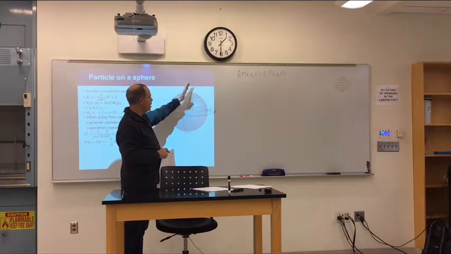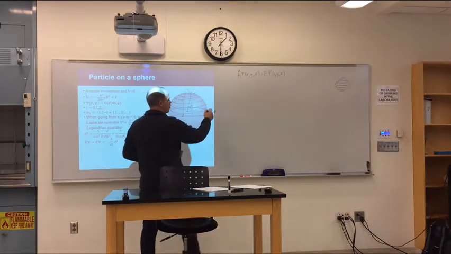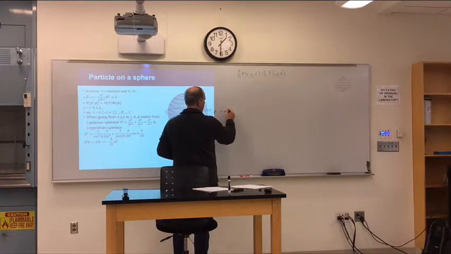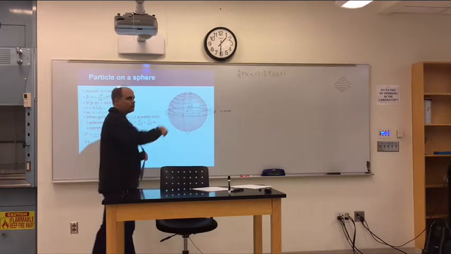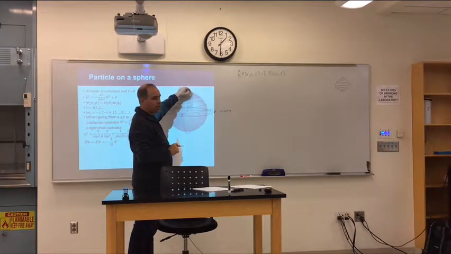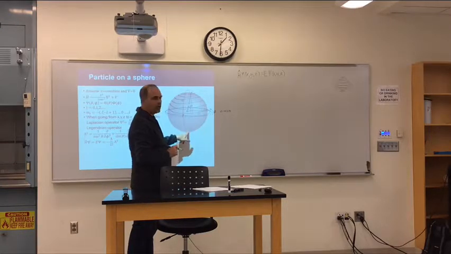For our phi here, this ranges from 0 all the way up to 2 pi, right? It goes all the way around a circle. For theta, in order to draw all of the circles that we need, you start at the top, and all we need to do is go down to the bottom.